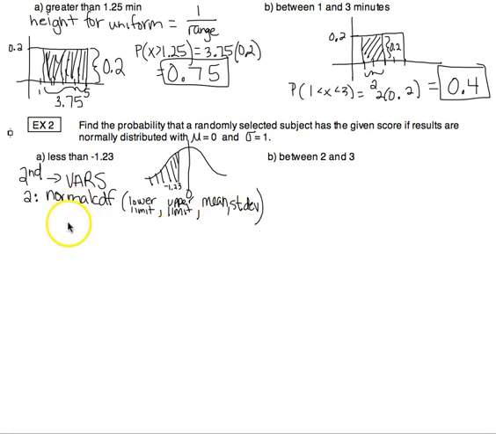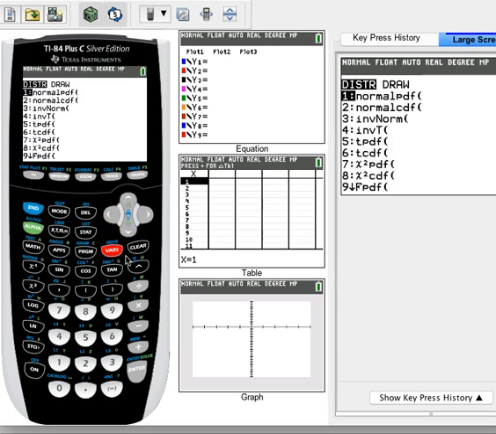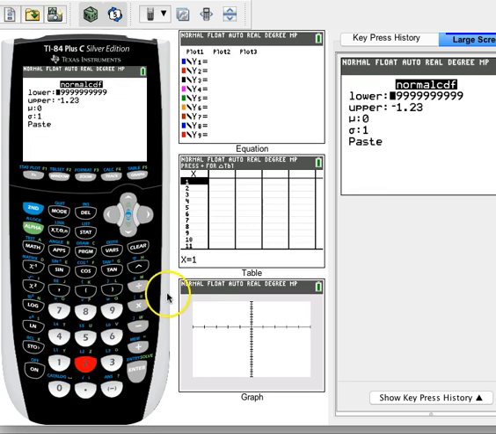All right, so let's try this on your calculator. Following the prompts we had written down, we're going to press second and then vars to go to the distribution menu. Now we are going to choose choice 2 for normal CDF, so normal cumulative distribution function. We are going to enter our lower limit, because really the lower limit is negative infinity.